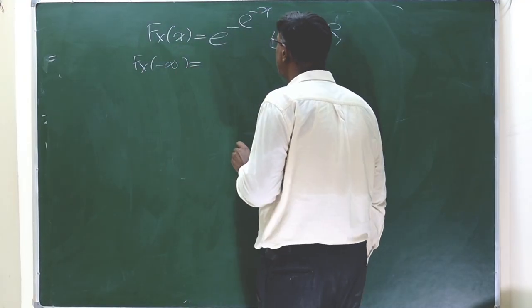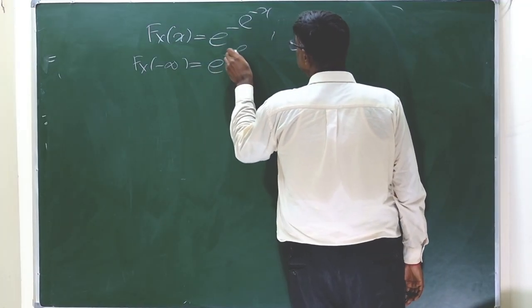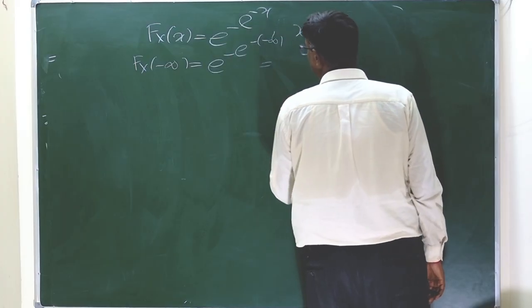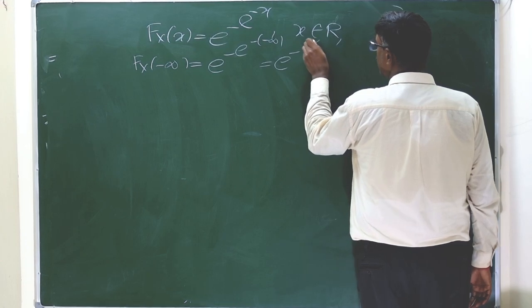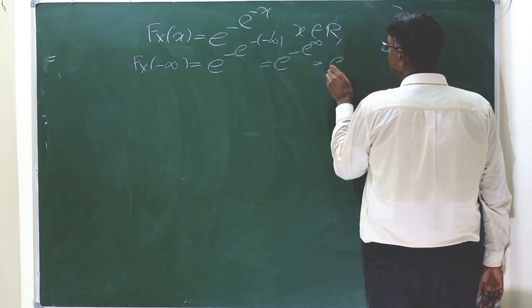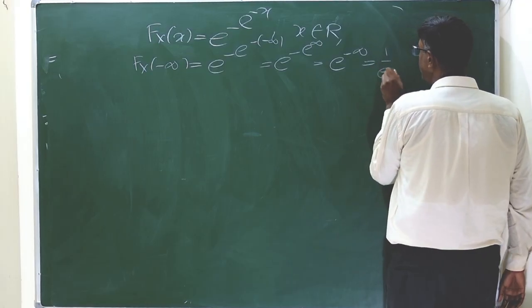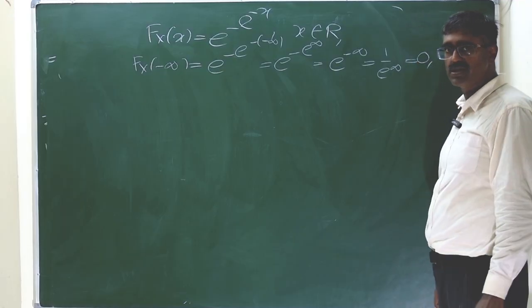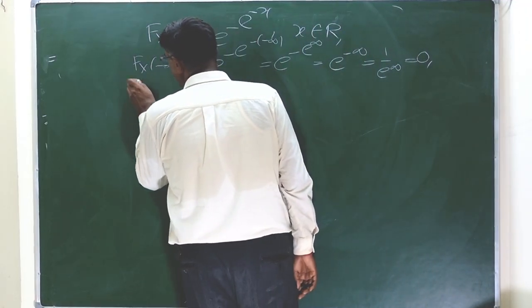It will be equal to e to the power minus of e to the power minus of minus infinity. So it will become e to the power minus e to the power infinity, which is e to the power minus infinity, which is 1 upon e to the power infinity, which is 0. So we saw that F of x at minus infinity is 0.